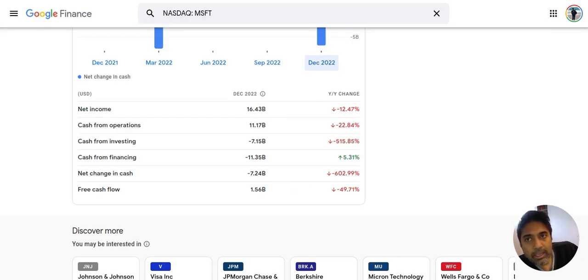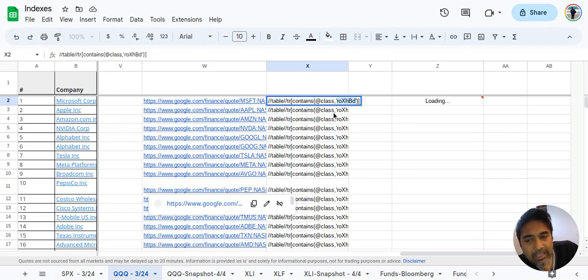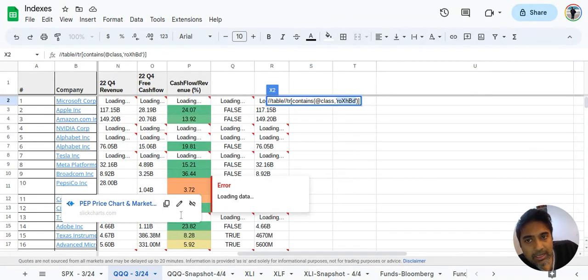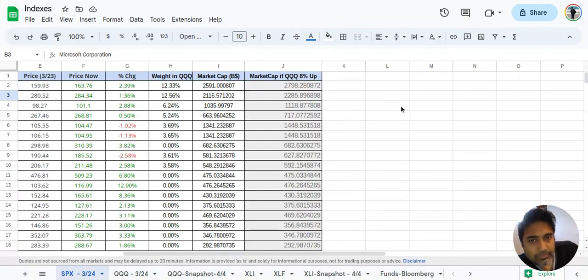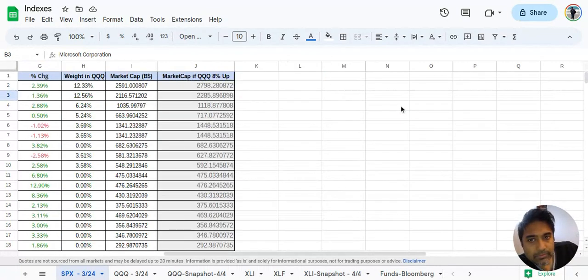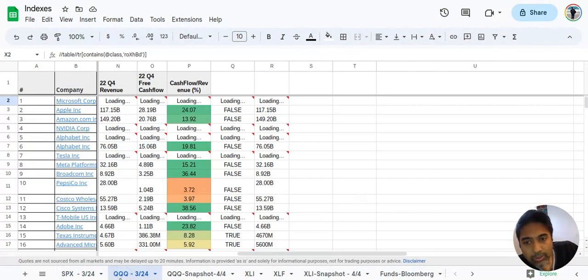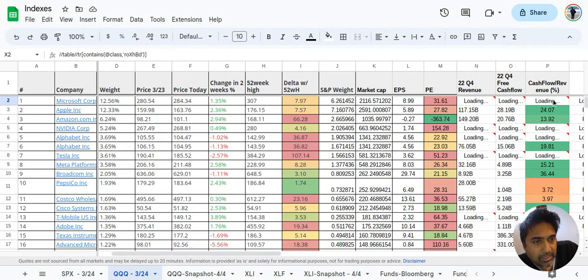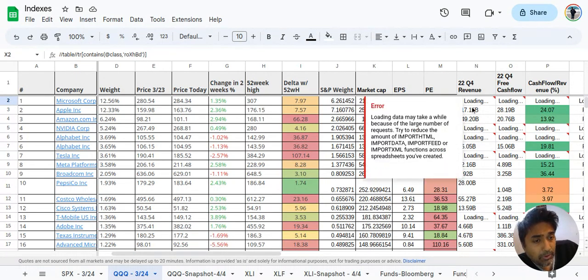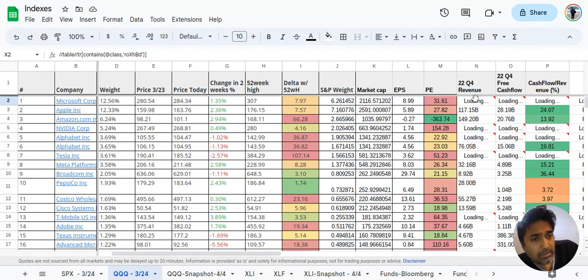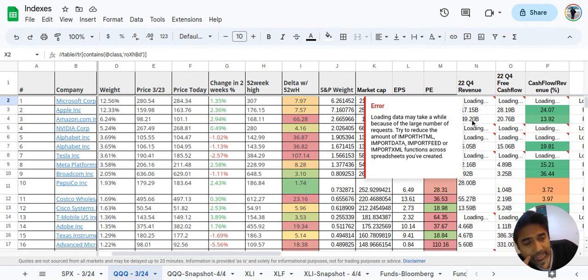And you can finally come back and then generate this cash flow. Go back to QQQ. You can generate the Q4 load. Whatever the Q4 2022 revenue is, it'll automatically pick that up from there.